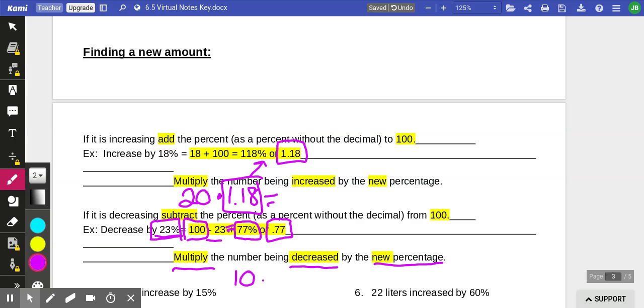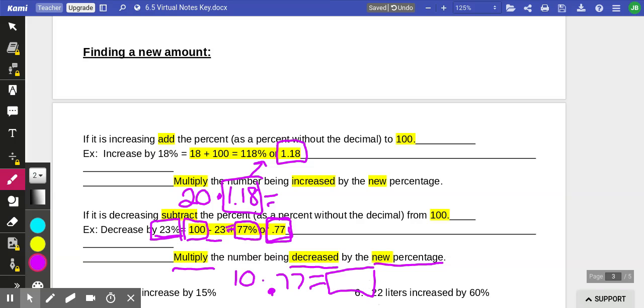So I'm going to multiply it by 0.77. When I multiply those together, it will give me my new total of students that I need to fail my test.